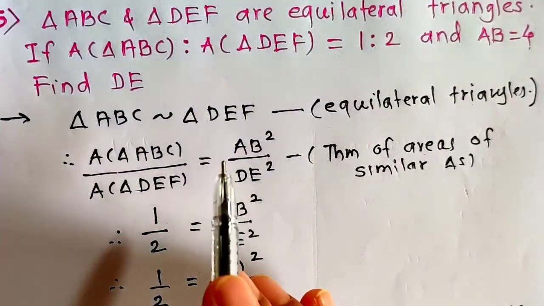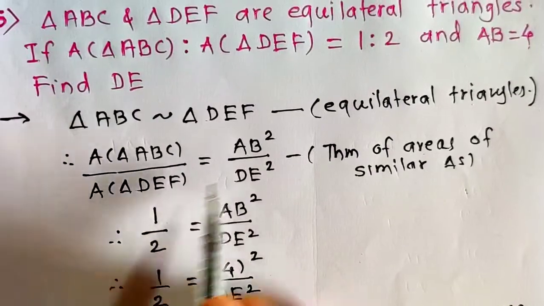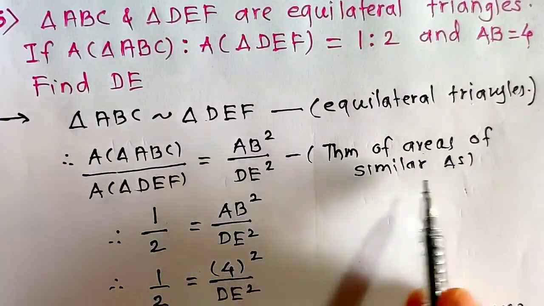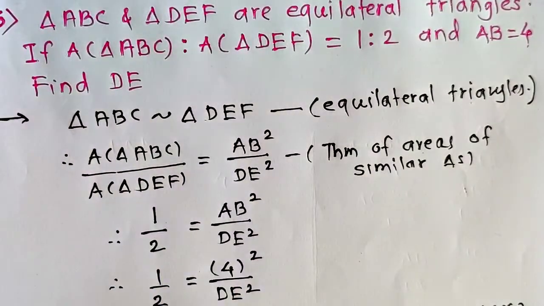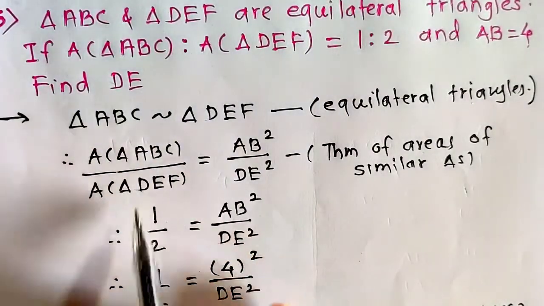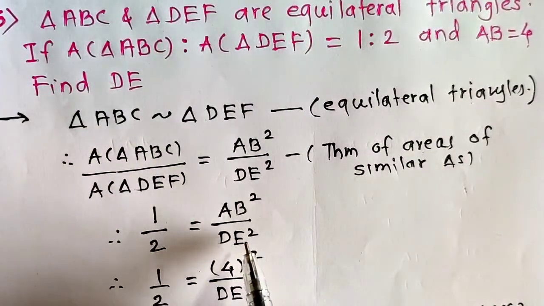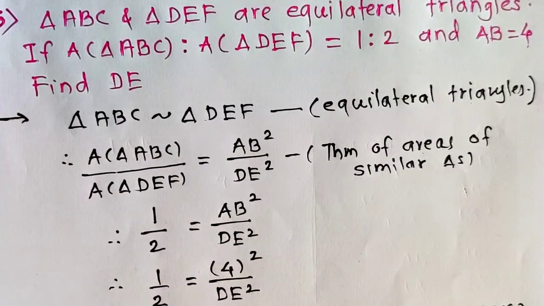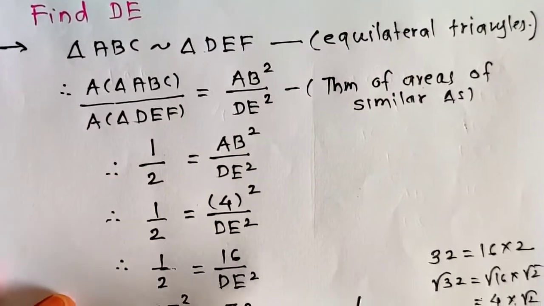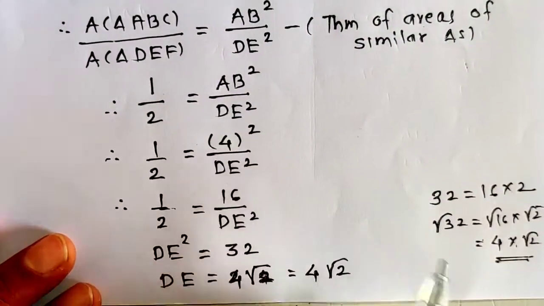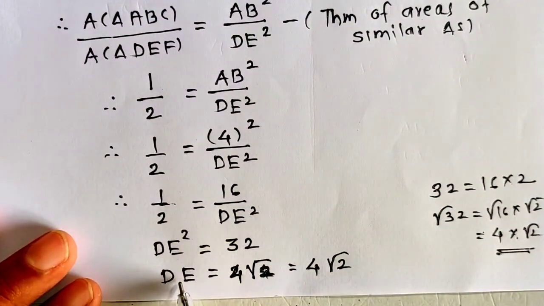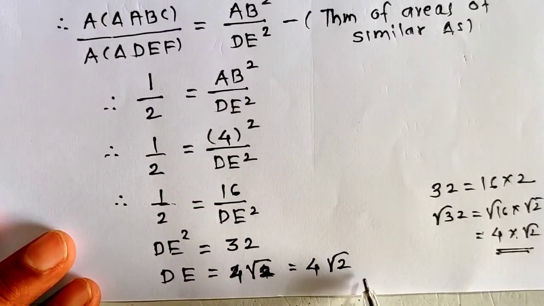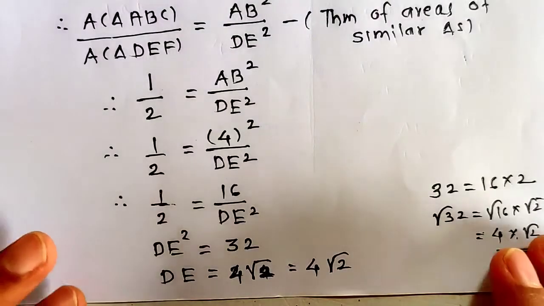Now when these are similar, the ratio of their areas is equal to the ratio of the squares of their corresponding sides. The reason is written. Now substitute the value. This ratio 1/2 is equal to this one. Now AB is given 4, substitute the value, and then by calculation we get DE square is equal to 32. Now taking the root of both sides, we get DE is equal to 4√2. So in this way the sixth sum is completed.